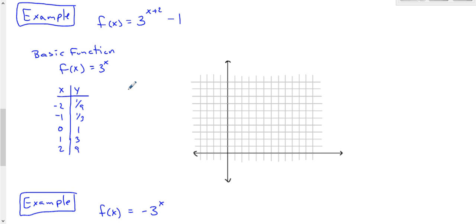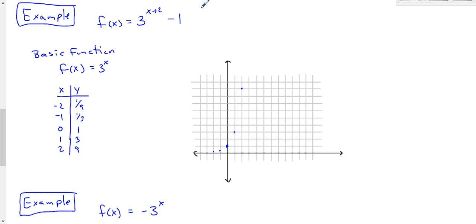Now let's look at 3 to the x minus 1. I'm going to take the basic function, 3 to the x. These are my points. If I plot those in the blue here, negative 2 and 1/9, negative 1 and 1/3, 0, 1, 1, 3, and 2, 9. Okay? And go to the red to graph the function.